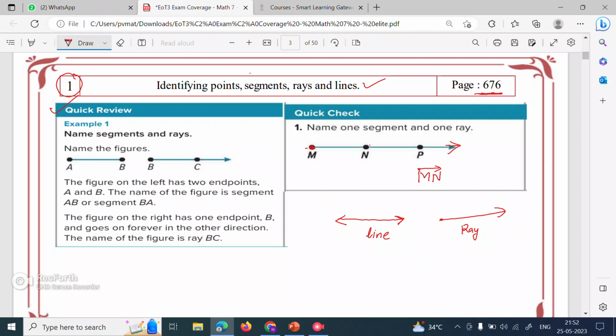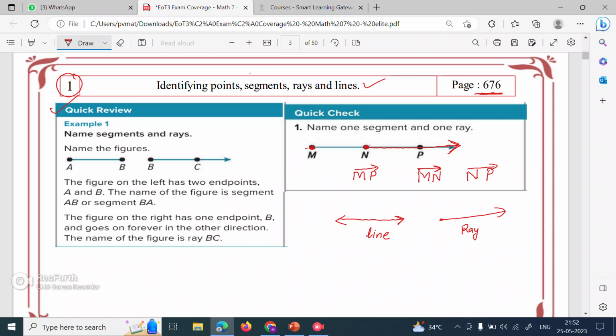Because the starting point is M. Start from M and put your arrow on N. If you write it as N and P, this can also be a ray, because I can start from N and it goes towards P with no end. Or you can start from M, take another point P, and put the arrow on P. So this is one way to show your ray.